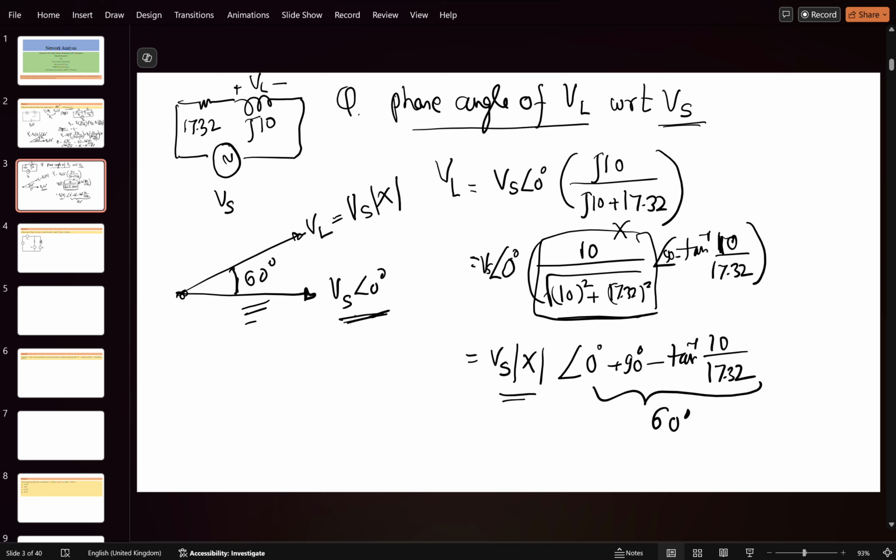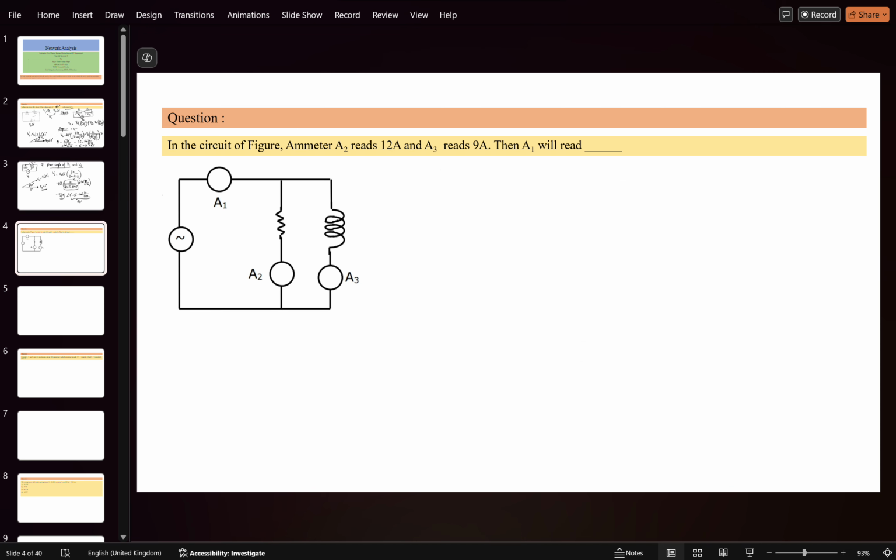Let's move to the second question. Solve this part.